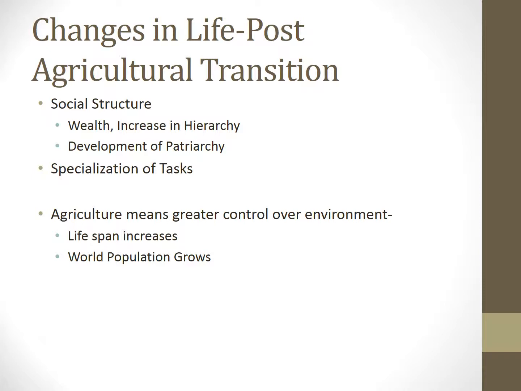So the increasing hierarchical structure of society, the development of patriarchy, the agricultural transition results in societies that increasingly develop around male-dominated society, and in many cases civilization results in females being subjugated. No, this is not a universal characteristic, and there are examples of ancient societies that are matriarchal rather than patriarchal.